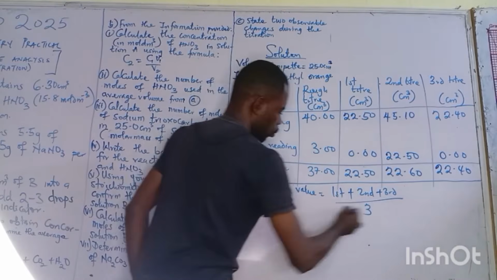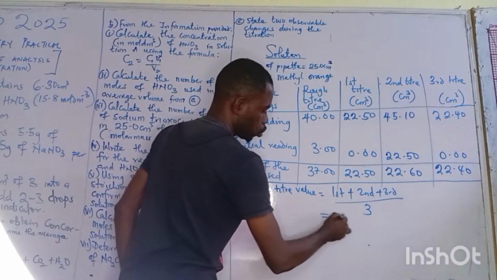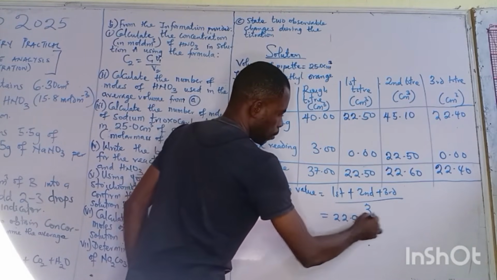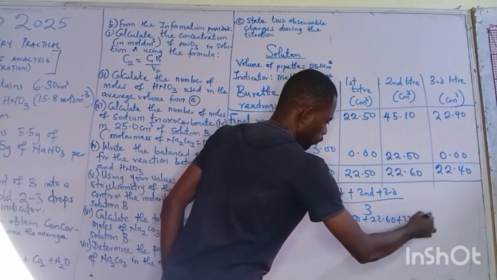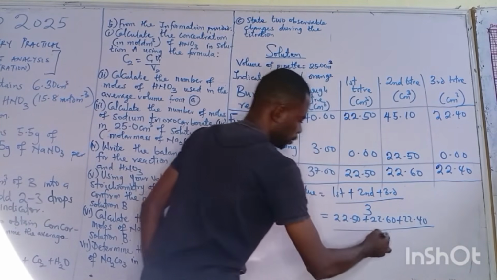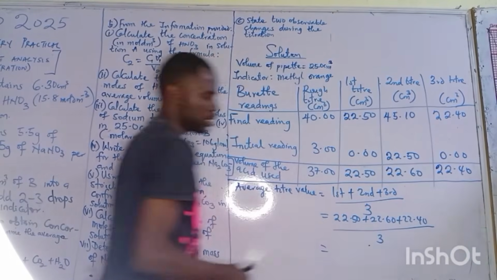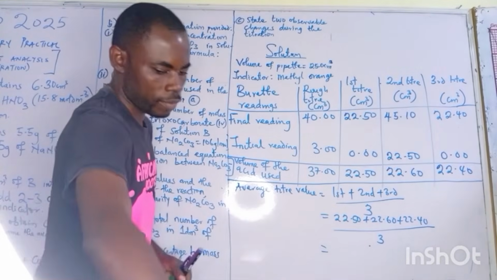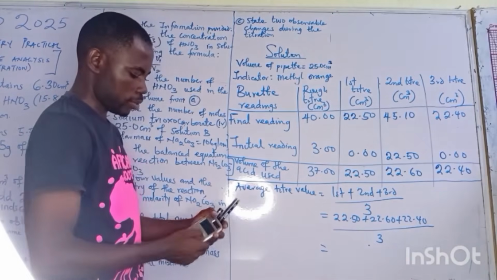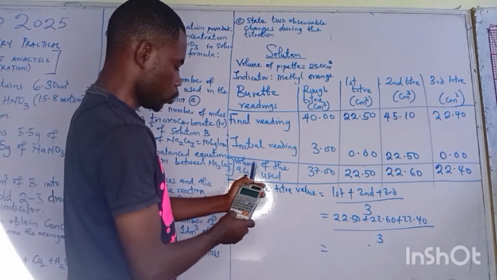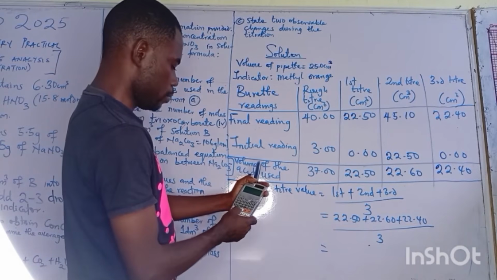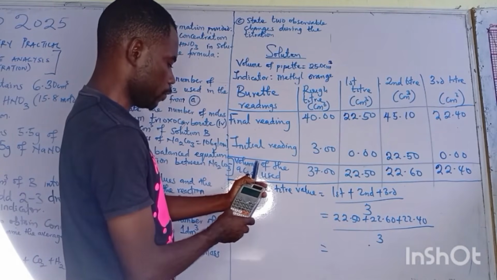So what's my first titre value? I have 22.50 plus 22.60 plus 22.40, everything divided by 3. Please don't jump any step. You are looking for marks, so don't jump steps. You don't know the one that will be in the marking guide. So I add up 22.5 plus 22.6 plus 22.4.